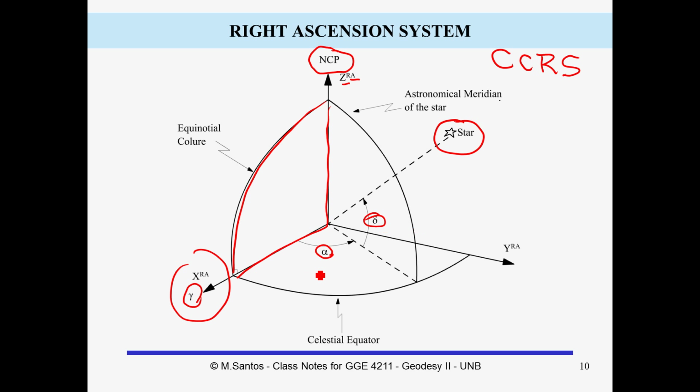The right ascension is counted along the celestial equator, which basically contains the axes x and y, and declination is counted along the astronomical meridian of the star. So that would be the meridian that connects the z-axis and goes all the way to the celestial equator, and it contains the direction of the star.